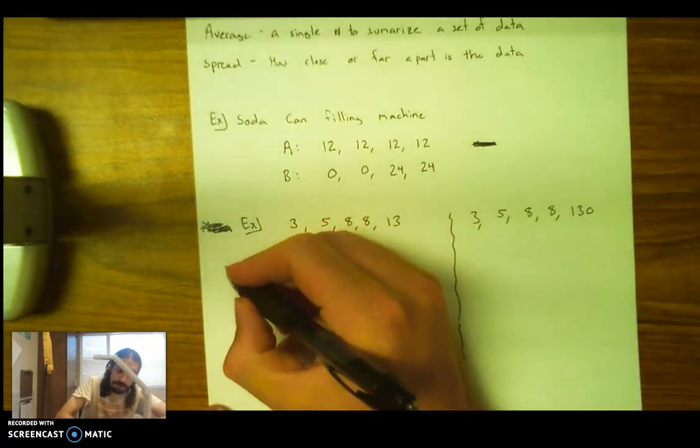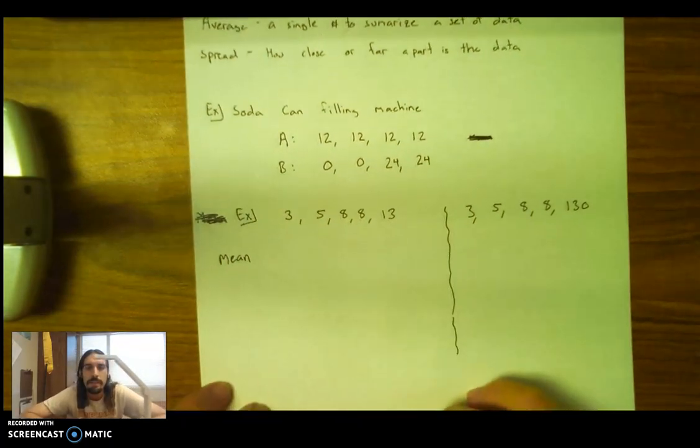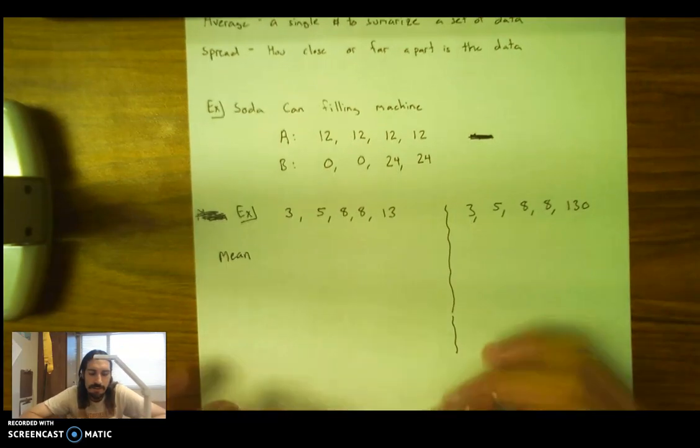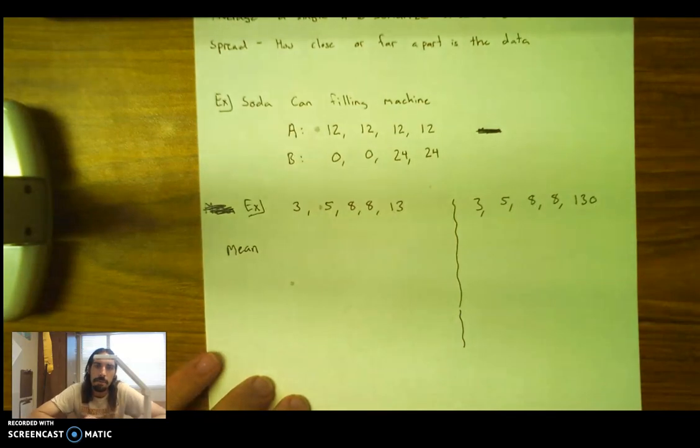When we think about mean, I figured it's best to just explain these by way of example. When we calculate the mean, it essentially comes down to add up all of your data points and divide by how many points there are.